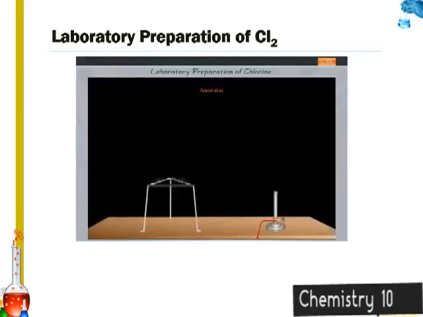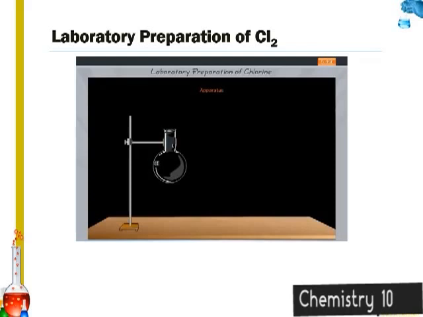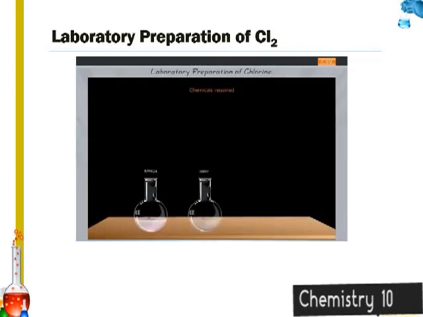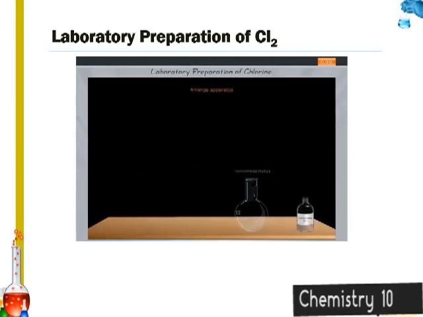Apparatus required: tripod stand, burner, round bottom flask fixed to a clamp, thistle funnel, delivery tubes and gas jar. Chemicals required: potassium permanganate, water, concentrated sulfuric acid, concentrated hydrochloric acid. Arrange the apparatus as shown.